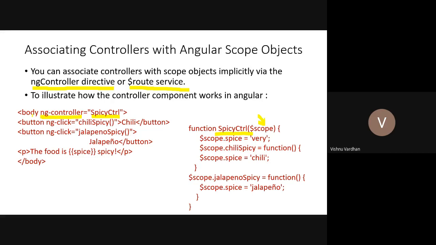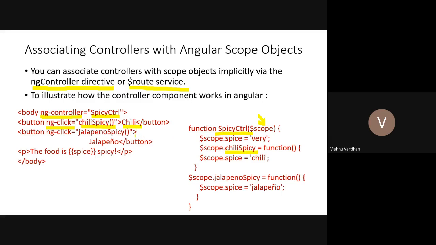You can put that anywhere. You can see the controller is applicable on the body tag, and this controller is nothing but the function written here. Whenever there is any click on this button, it should call the chili spicy function, which is an anonymous function attached to it.